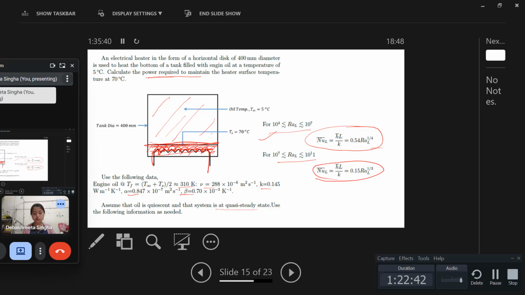So first we have to calculate the Rayleigh number, right? For calculating the Rayleigh number, we have g beta Ts minus T infinite, diameter d cube, over nu alpha.